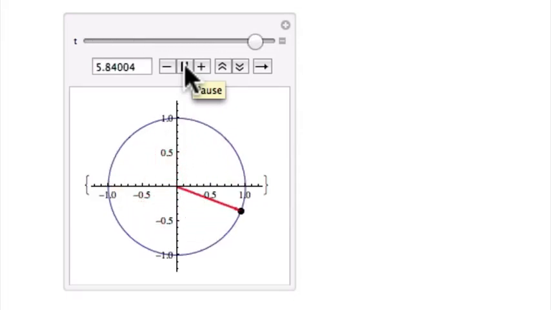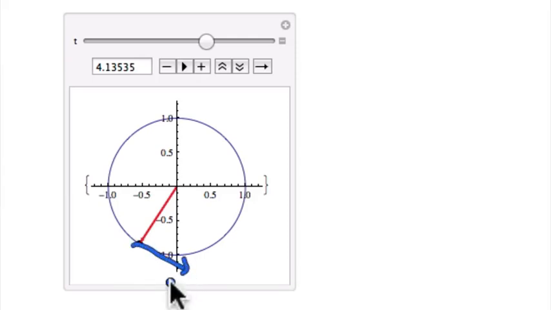Its velocity, however, is clearly changing, because if I freeze the animation here, the velocity of the object, manifestly, is pointed in this direction. It's moving that way. Whereas, if I let the animation go a little farther and freeze it again here, the object is moving at the same speed, but in a different direction.